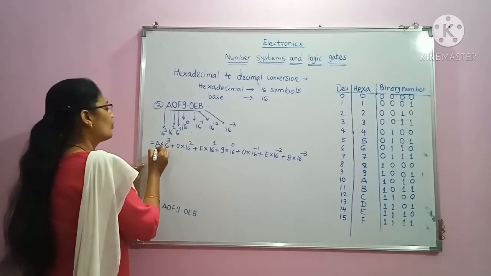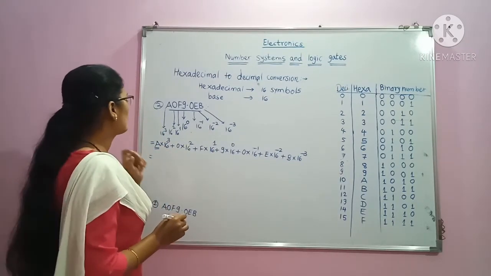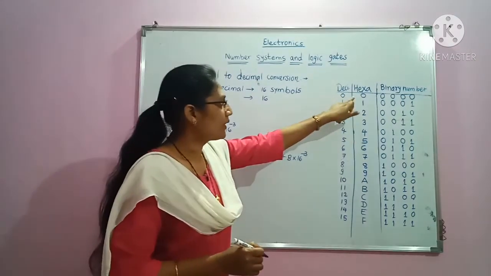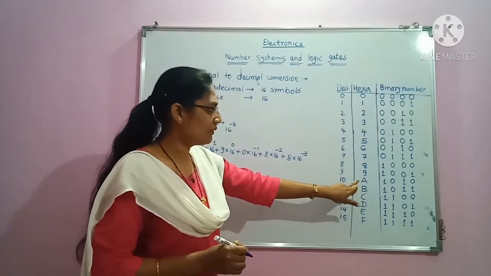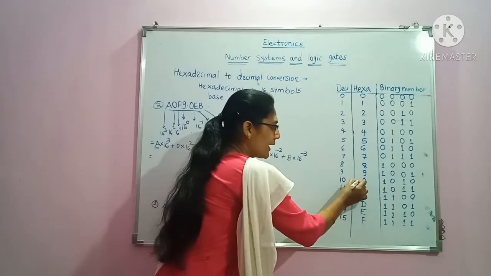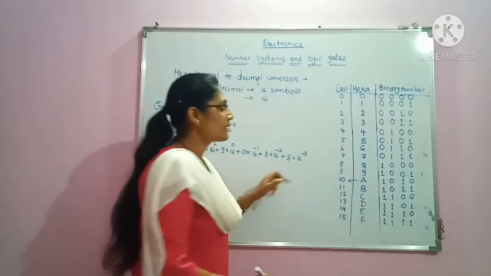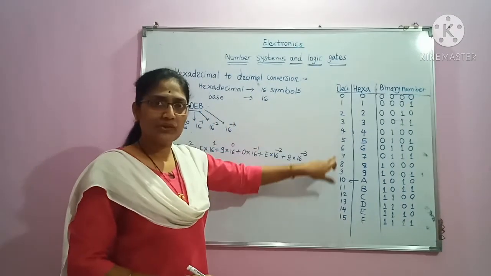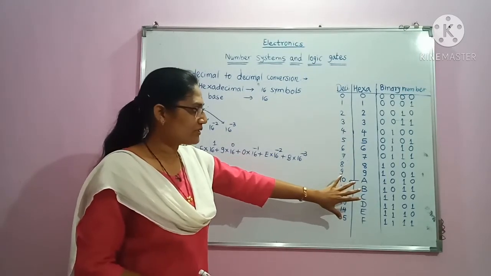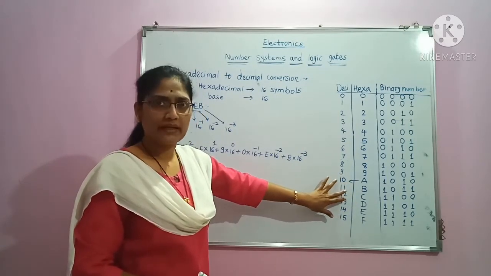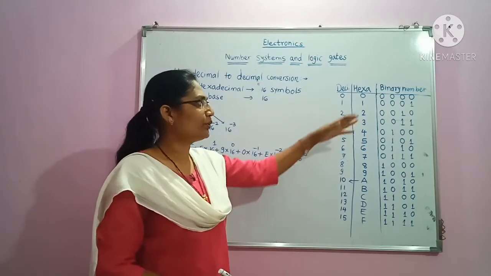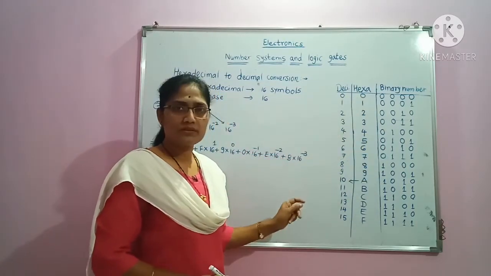Now next, we know the value of A. In case of hexadecimal, if we consider A, then its respective decimal equivalent as per this table is 10. I have already told you how to generate this table.